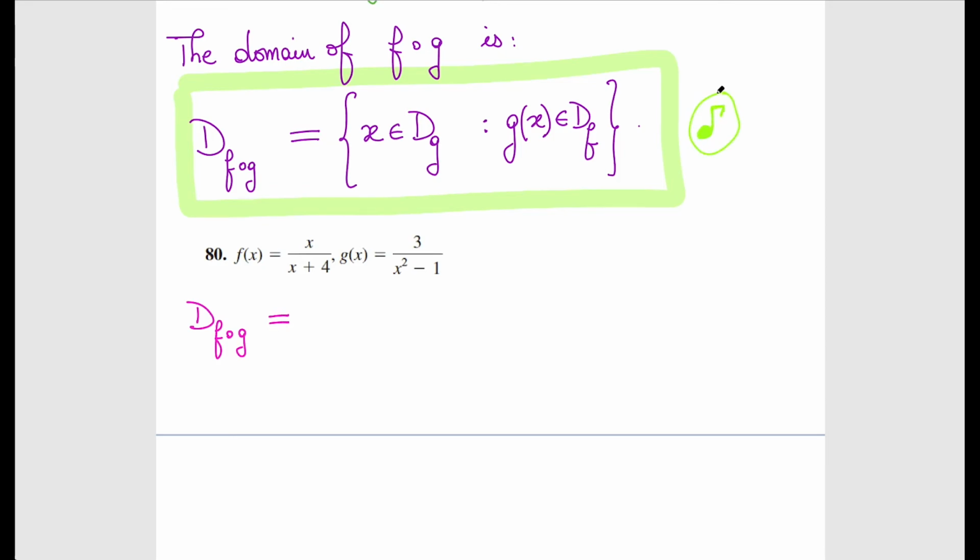So based on this property, the musical note property, I can say that this is equal to the collection of the points that live in the domain of the right one, G, so in this case is also G, with the property that G of X, so this guy G of X, is in the domain of F. Okay?